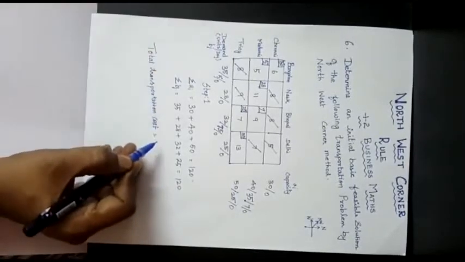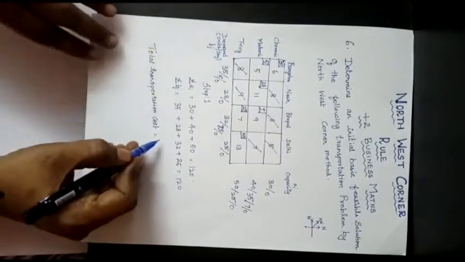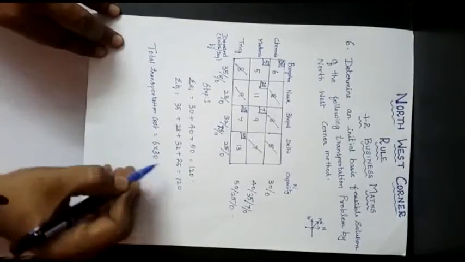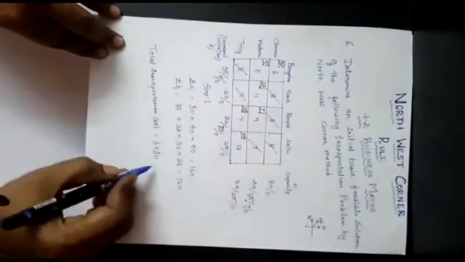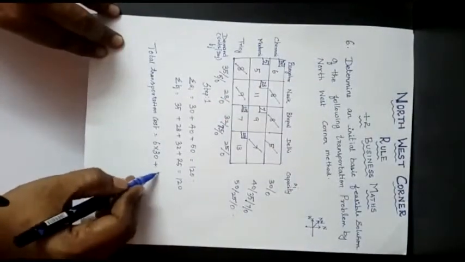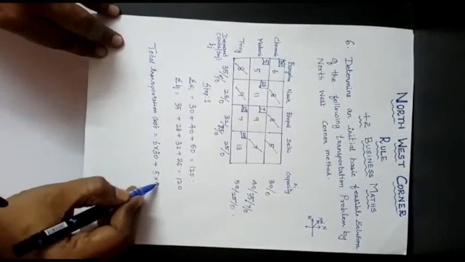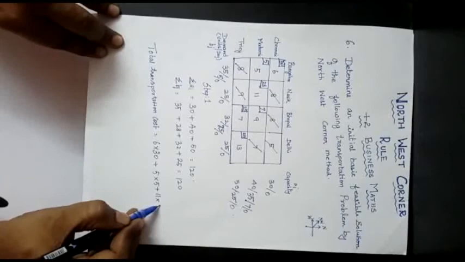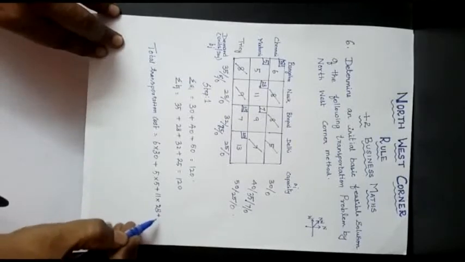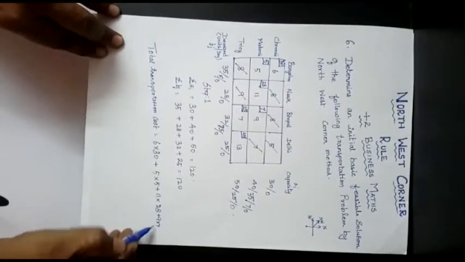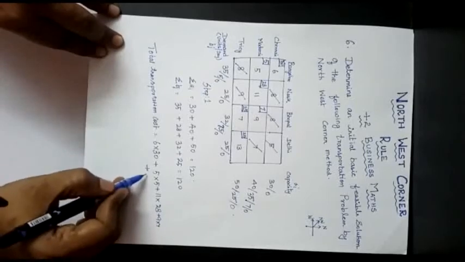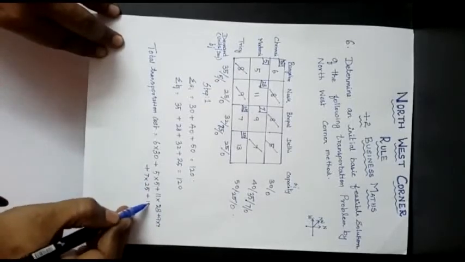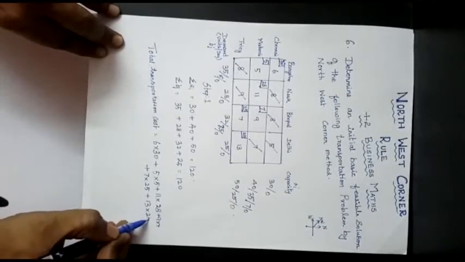It is equal to 6 into 30, the element into the allocation, plus 5 into 5 plus 11 into 28 plus 9 into 7 plus 7 into 25 plus 13 into 25.